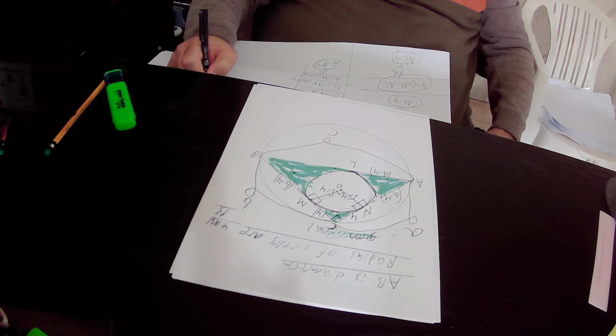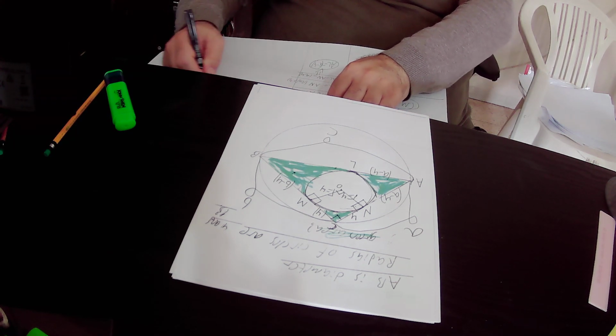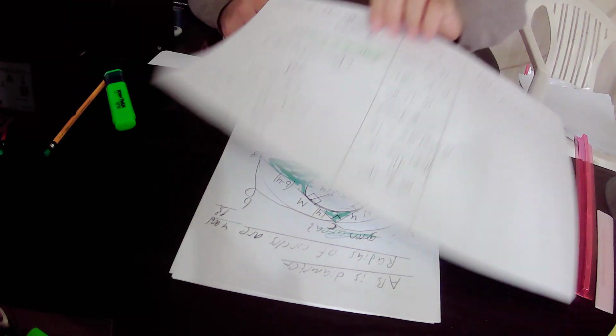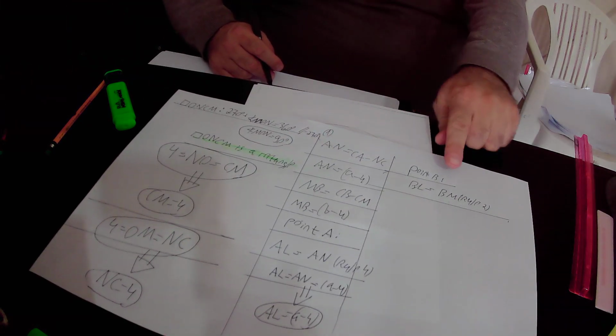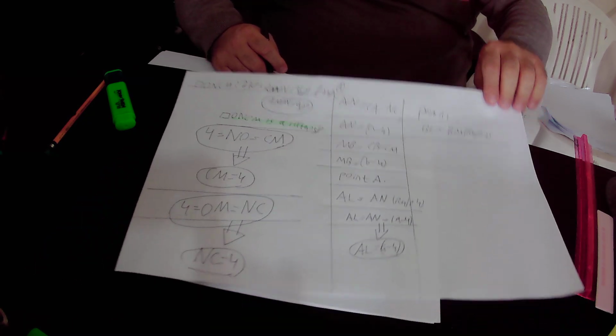And according to rule number 2, those two tangents are equal to each other in their lengths. So here we can write down that tangent BL equals tangent BM according to rule number 2.